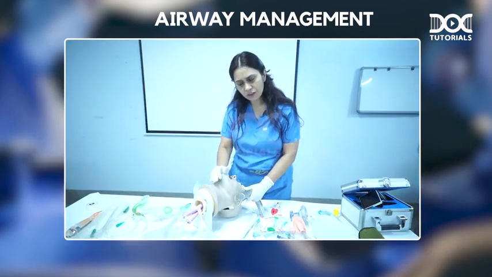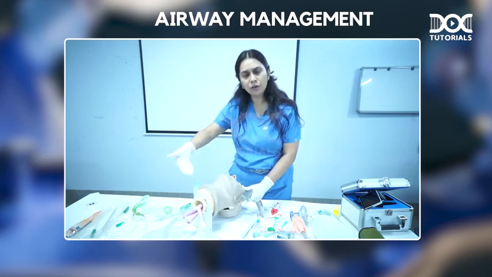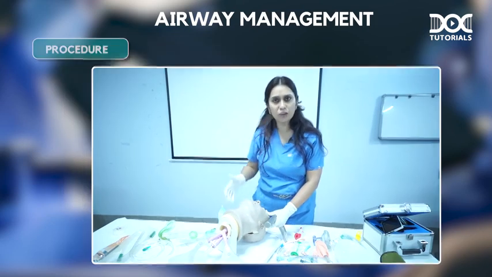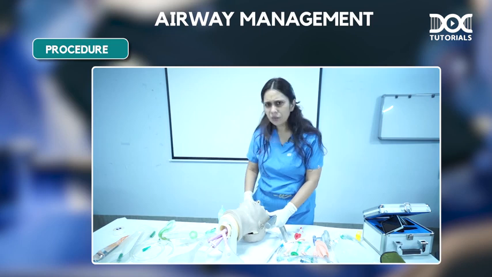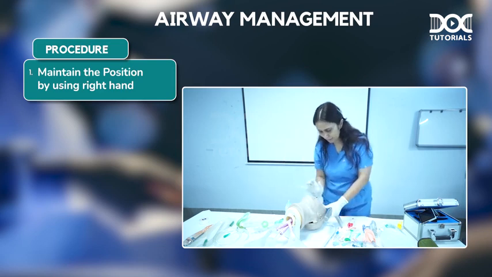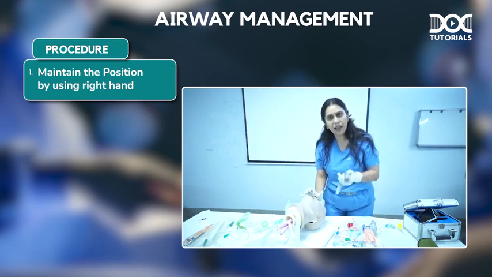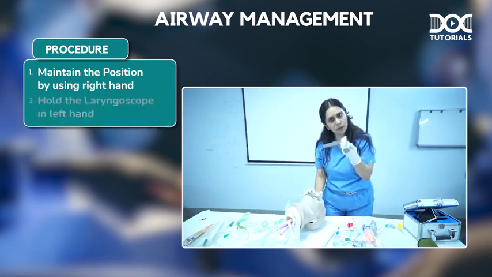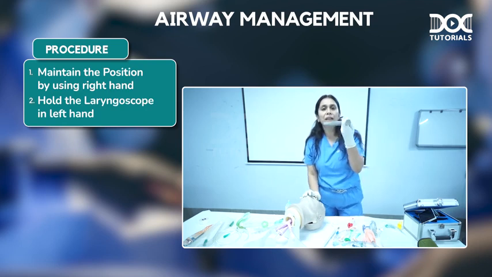We can achieve this by putting some cloth or roll between the shoulder blades of the patient, or we can simply make this position and maintain it with our right hand. So I'm maintaining this position with my right hand, and in my left hand I hold the laryngoscope. Guys, this is the Macintosh laryngoscope or curved blade laryngoscope, as I said.